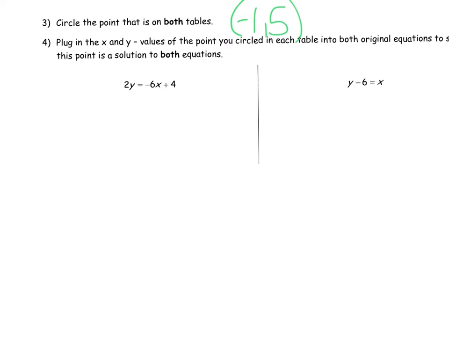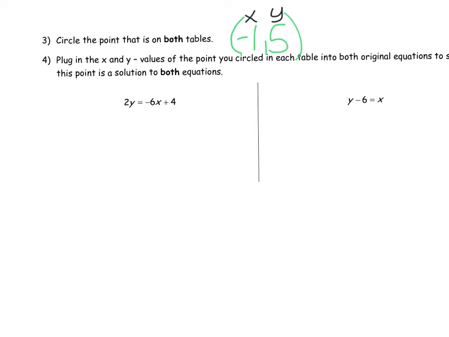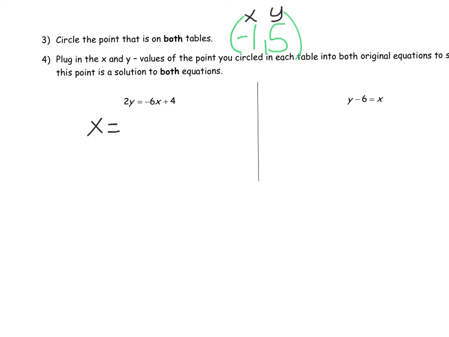So if negative 1, 5 is a point that appears on both tables for each linear function, that means that when I substitute in my value of x and y, that's going to be the same. It's going to create a true equation. So here, I'm going to plug in negative 1 for x and 5 for y.